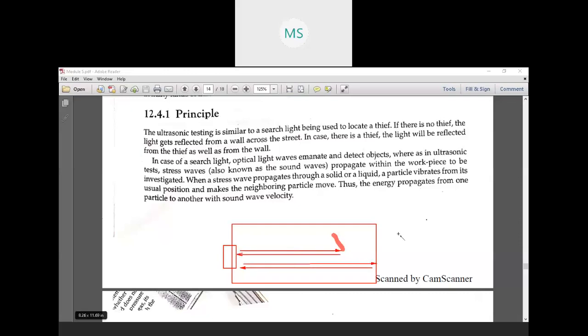Now it finds that the sound has come back earlier than the stipulated time. That is what is written here. An ultrasonic test is similar to a searchlight being used to locate a thief. If there is no thief, the light is reflected from a wall across the street. If there is a thief, the light is reflected from the thief as well as from the wall.